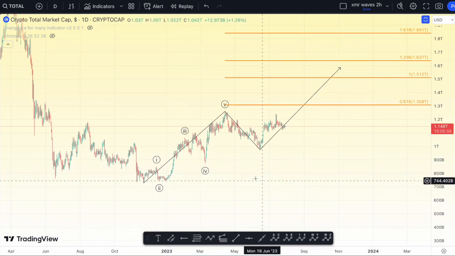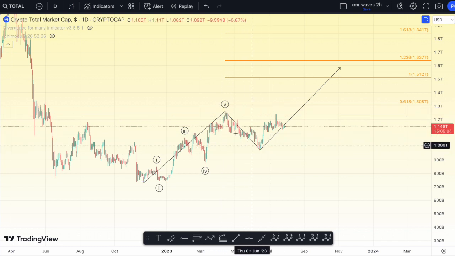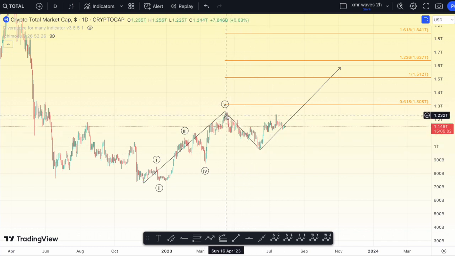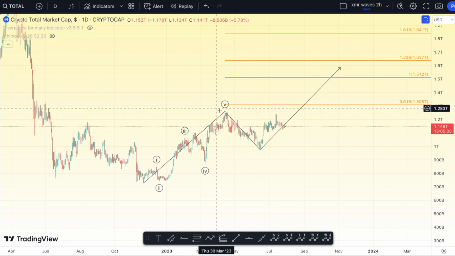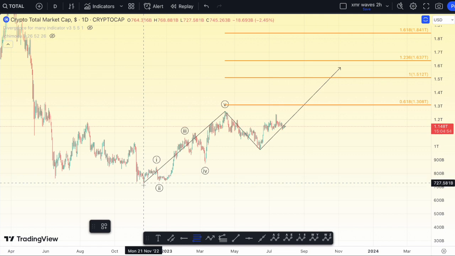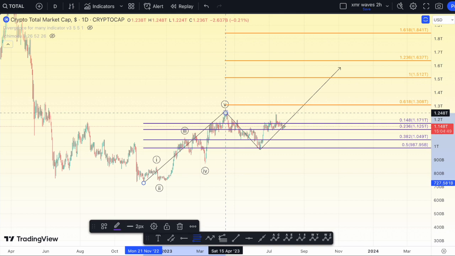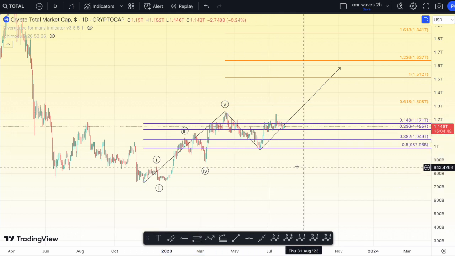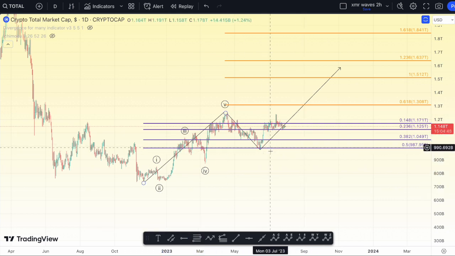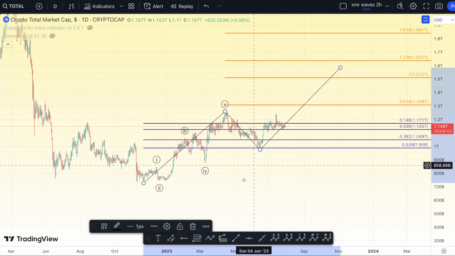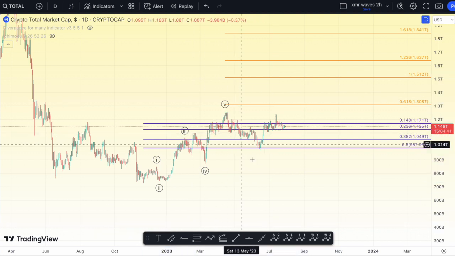And based on the development of this structure, first I need to further validate this move as a wave B or wave 2, whatever we want to call it right now. I'm going to draw a very simple retracement fib level, and as you can see, right around 50% we have a reaction here, so it can very well count as a wave 2.